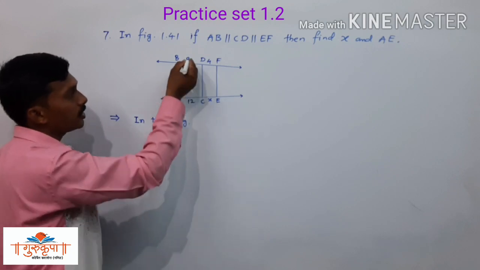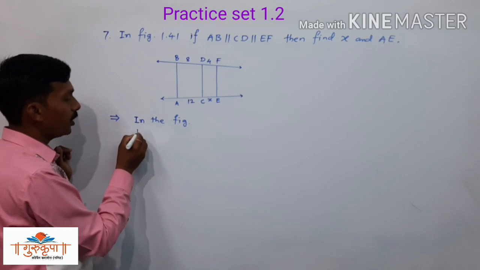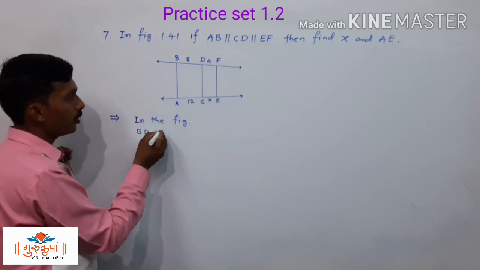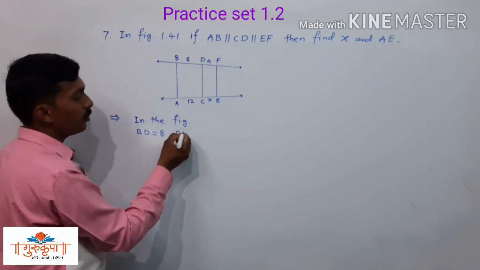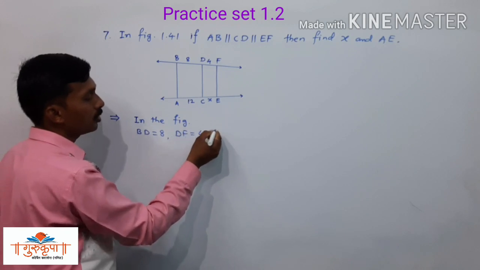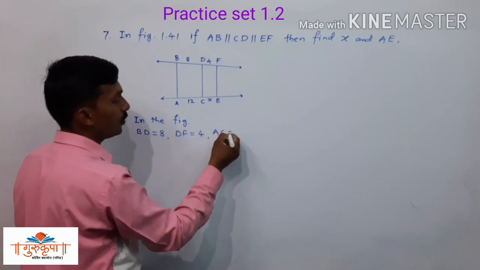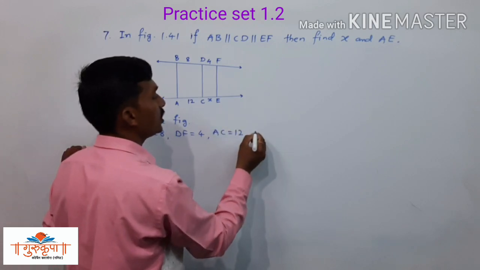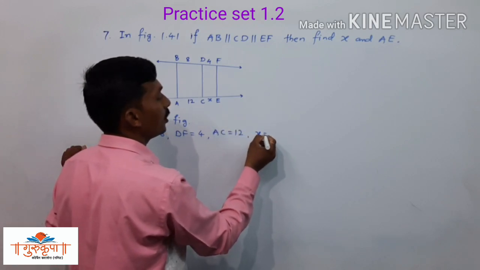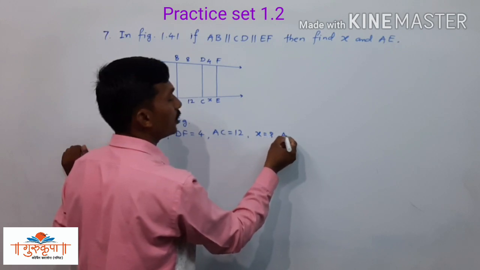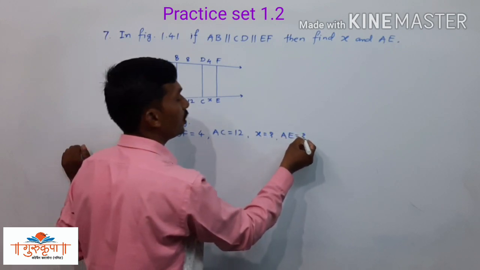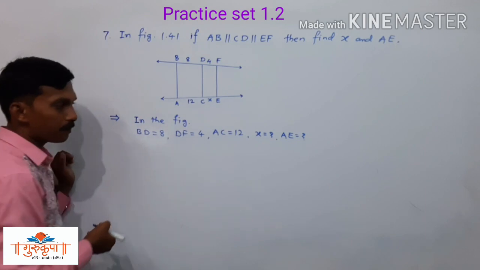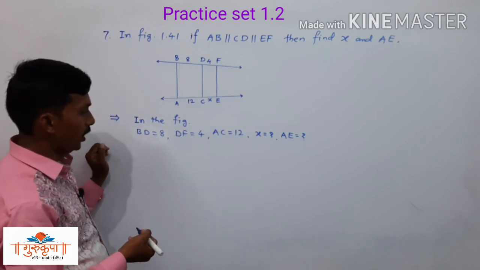In the figure it is given that BD is equal to 8, DF is equal to 4, AC is equal to 12. We have to find the value of x, that is CE, and also we have to find the length of segment AE. Here we have to find two values.